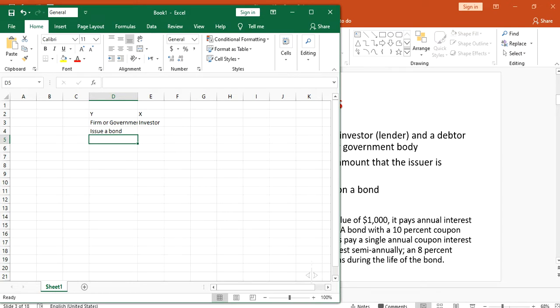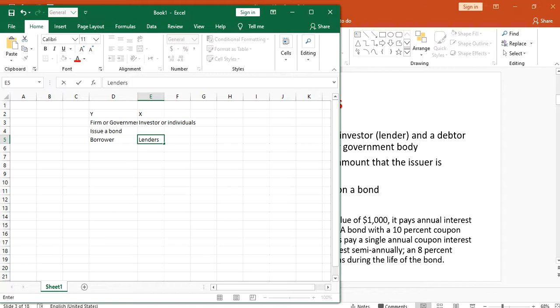So what is this bond? In this bond, it has been placed how much money this company or the government wants to borrow. Typically each bond consists of $1,000. Now, the government is the borrower and investors or individuals are lenders.